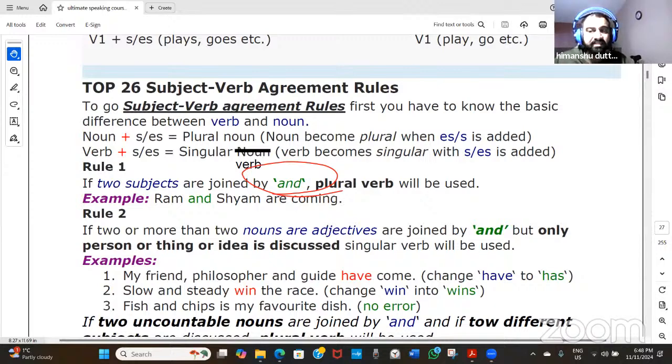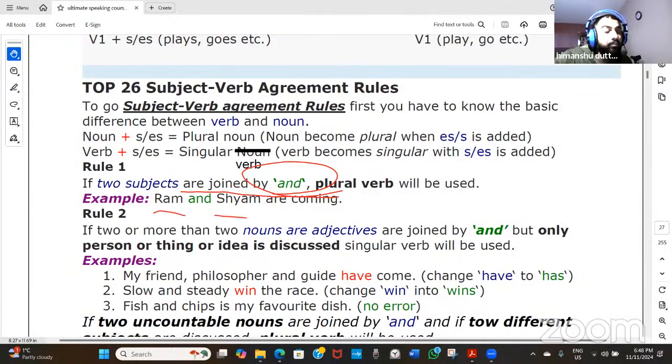Rule number one says this. Rule number two will tell you exactly how the rule will have different stuff. Now you see that if the two subjects are joined by and, and they don't have the same idea, then it will be a plural subject.